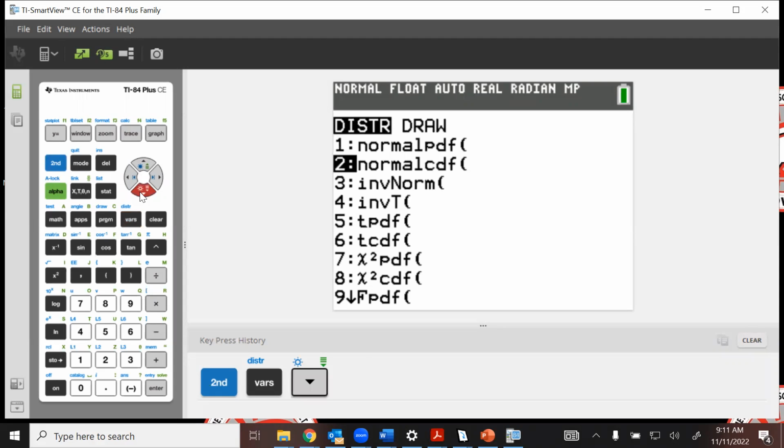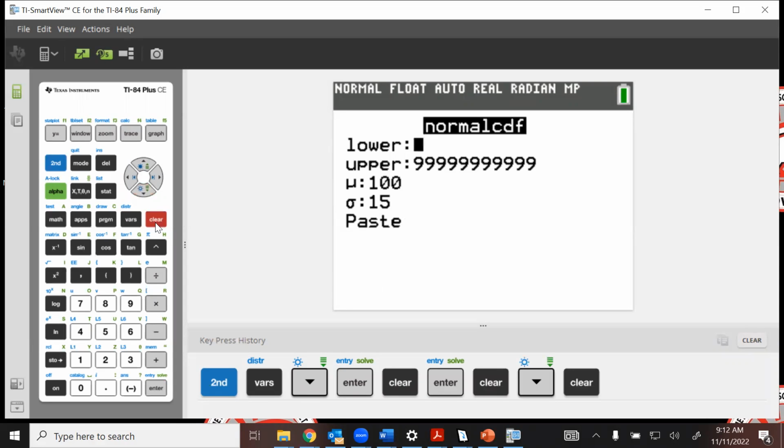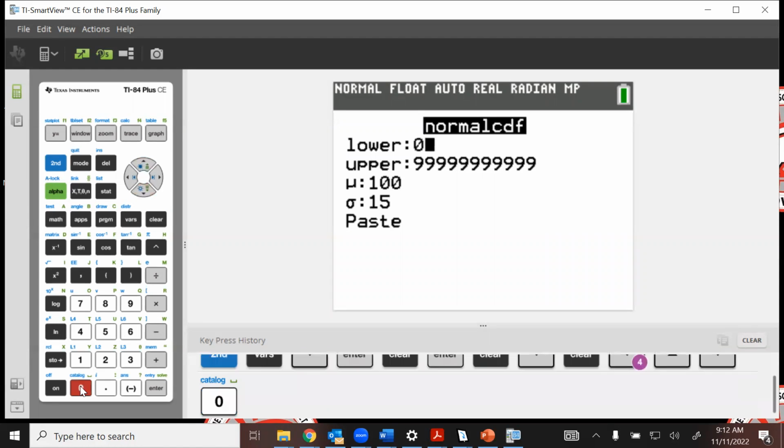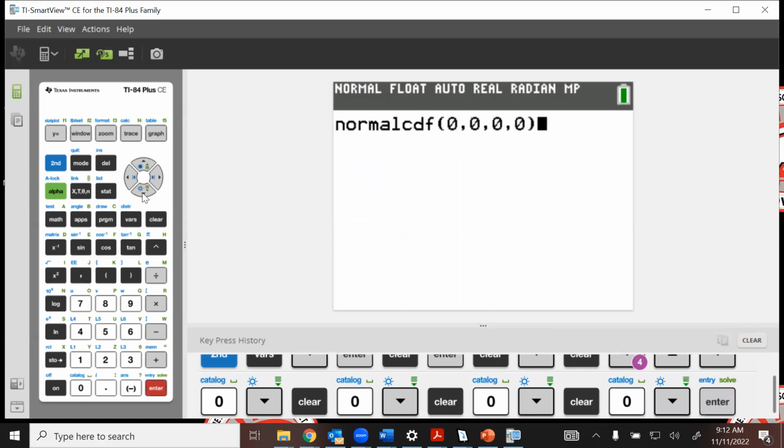Use my arrow to go down. I'm going to erase these. Do you guys see a screen like this, or did it just put normal PDF up on your screen? All right, so I'm going to make mine look like yours. Mine's not going to look exactly like yours, but I'm going to go in and put those values in.